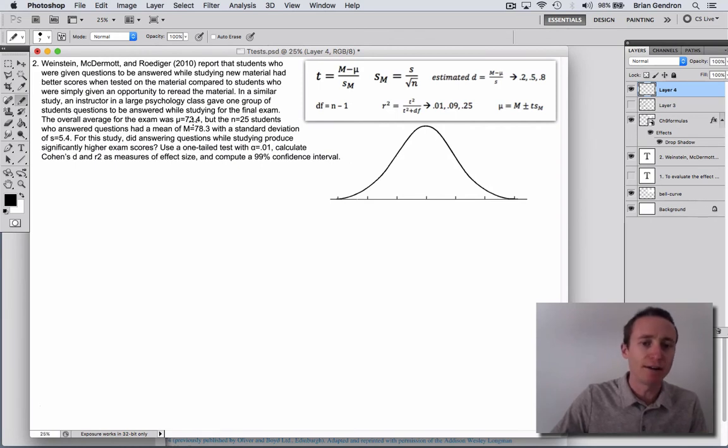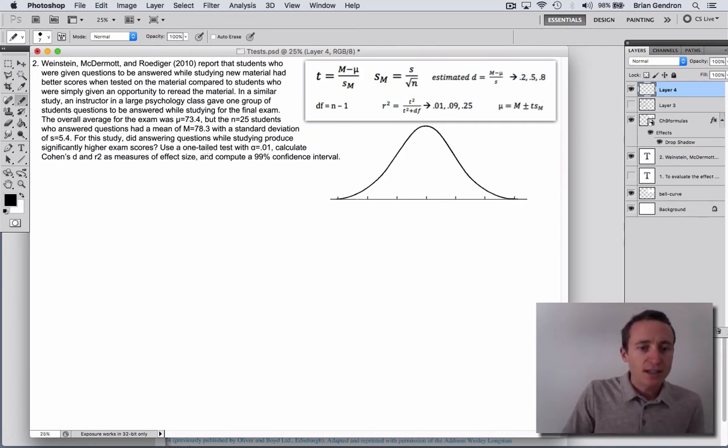That's just the regular average. But the 25 students who answered questions had an average of 78.3 with a standard deviation of 5.4. For this study, did answering questions while studying produce significantly higher exam scores? Use a one-tailed test with 0.01 alpha, and then calculate effect size and a confidence interval.